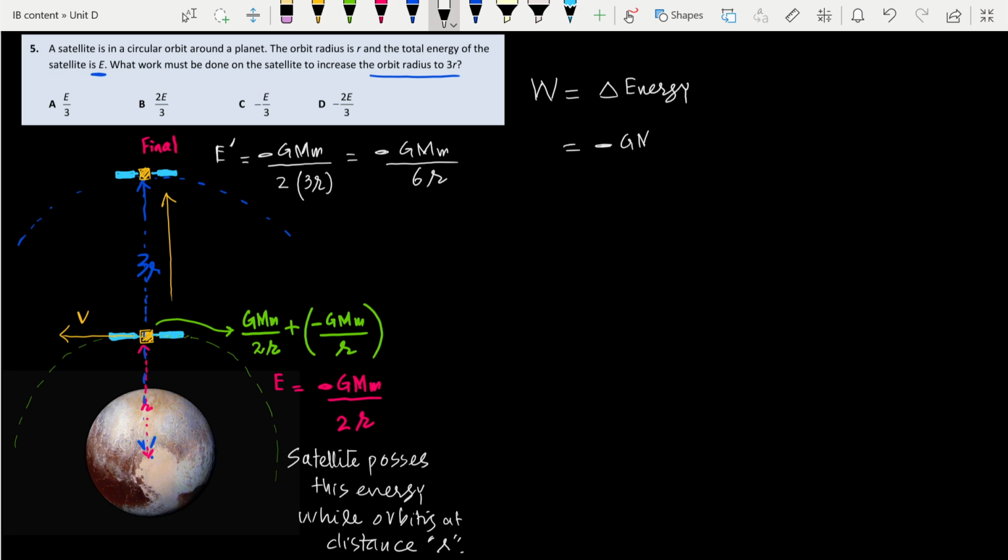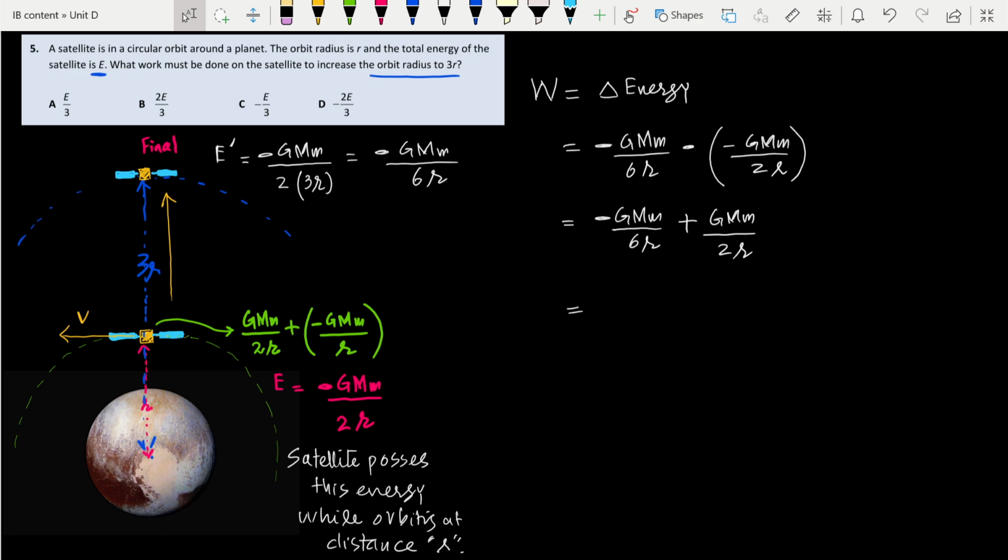Okay, so what is the final energy? Negative GMm divided by 6r, minus, open bracket, negative GMm over 2r. We can take GMm over 2r common.